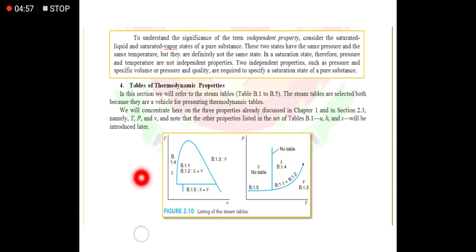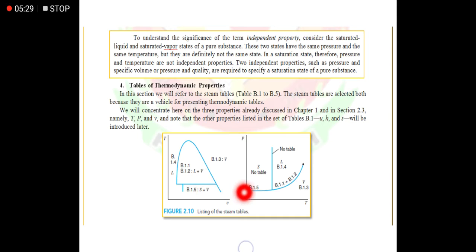And then kung meron kang substance na in a compressed liquid, or sa liquid, makikita mo yan siya sa table B.1.4. Kung meron ka namang vapor na substance or phase, makikita mo yan siya sa B.1.3, okay? So kung meron ka namang solid plus vapor, ibig sabihin combination of solid and vapor, makikita mo yan siya sa B.1.5, okay?